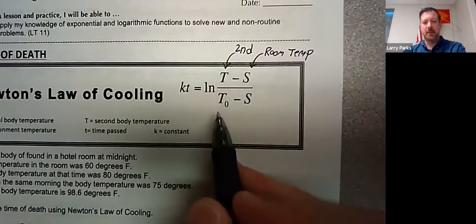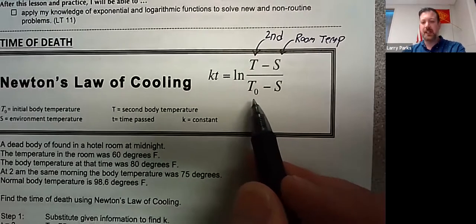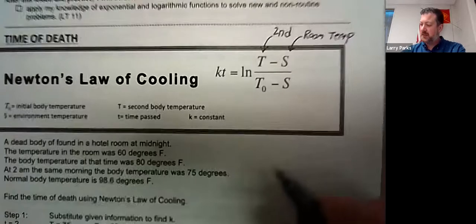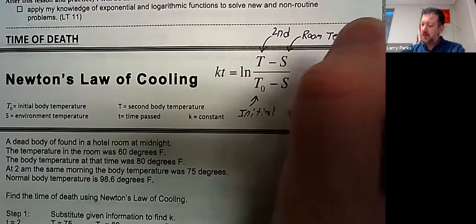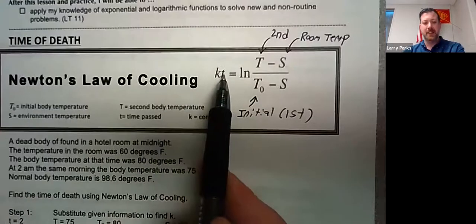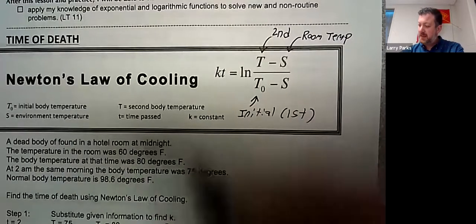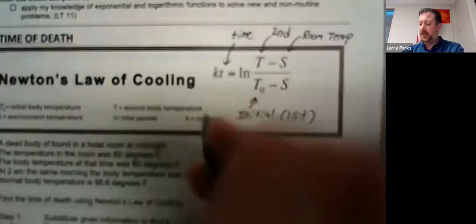And T sub 0, that's the initial, so the first. Little t, that's time. And K, this is your constant.